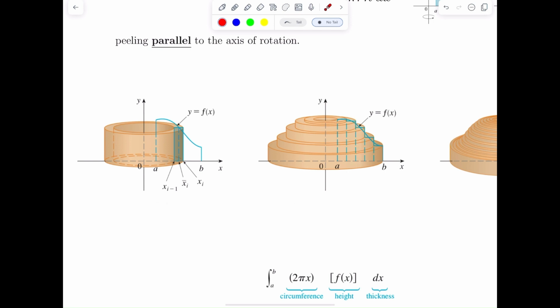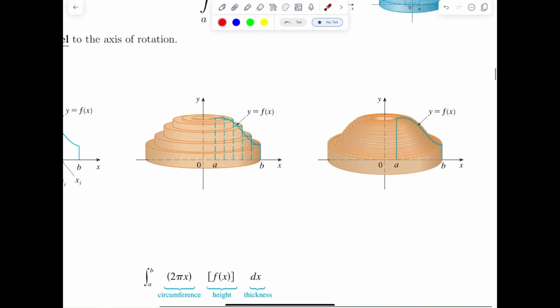And in this case, it's just going to be marked by where I choose to take x, where I choose to peel, okay? The function that bounds the region helps determine the height of each cylindrical shell, but not the radius. This is key. The function is involved with determining the height, not the radius. The radius only has to do with, in this case, x, wherever we choose to peel a cylindrical shell.